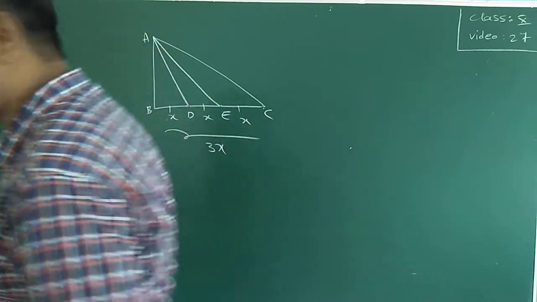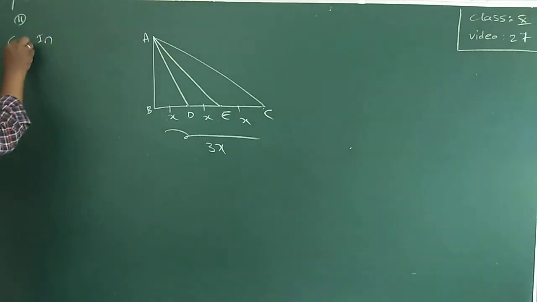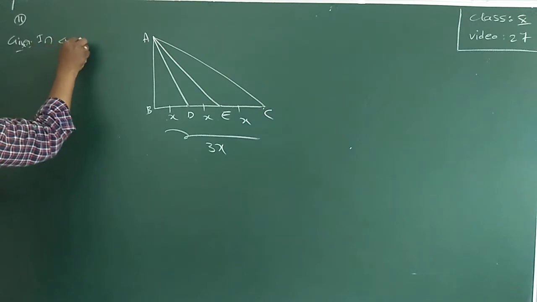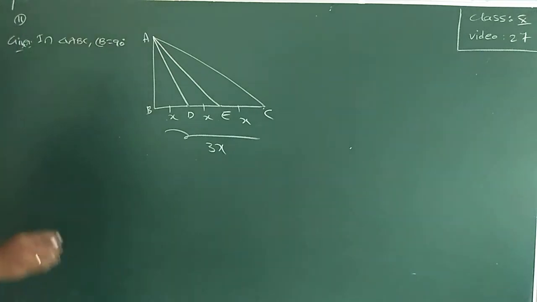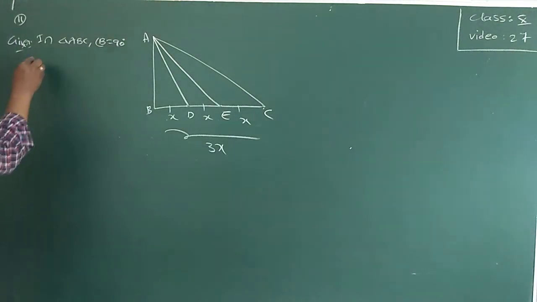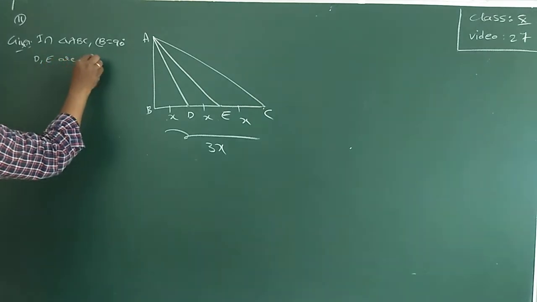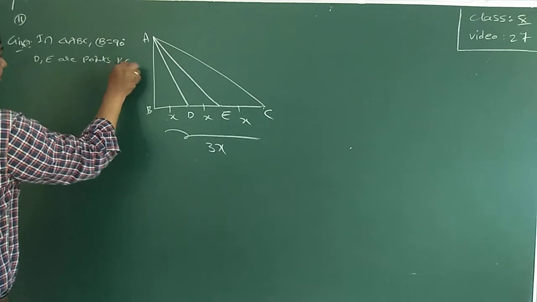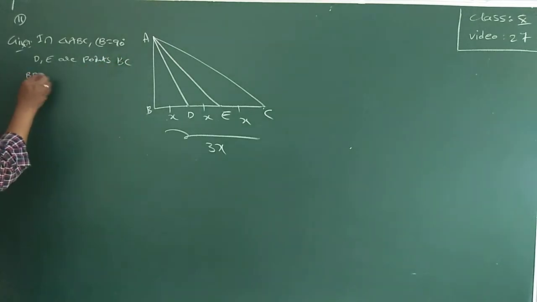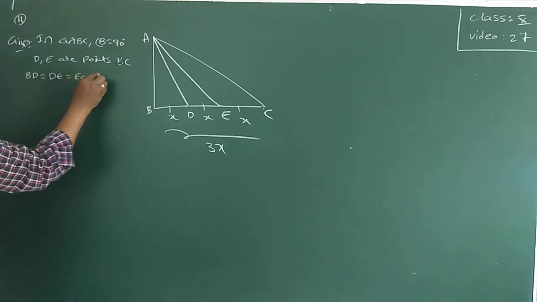In the given figure, in triangle ABC, angle B is equal to 90 degrees, and D, E are points on BC such that BD is equal to DE is equal to EC is equal to x.